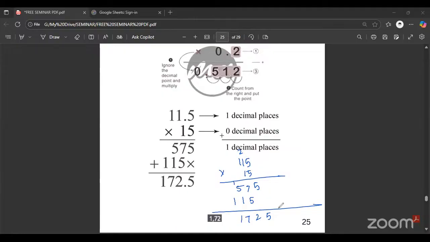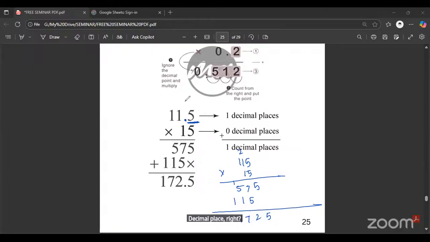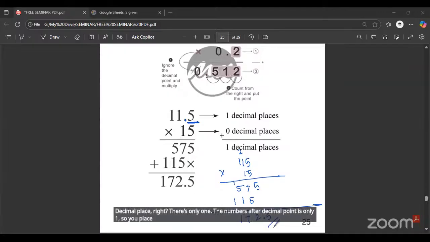Okay, after normal multiplication, you check in the question, you have only one decimal place, right? The numbers after the decimal point is only one. So you place the decimal point here. So it's 1672.5.